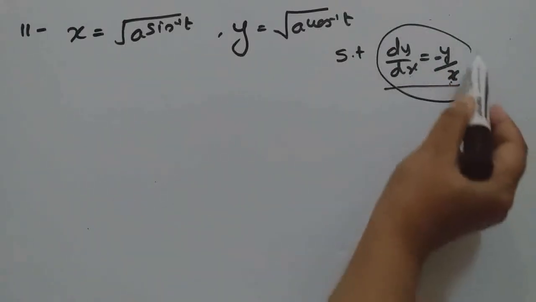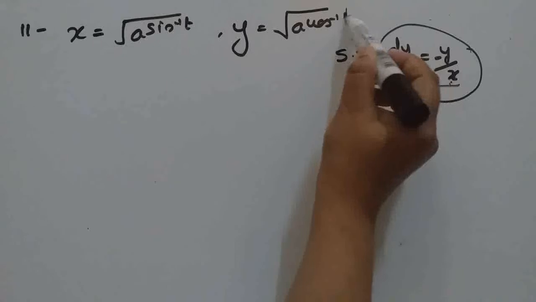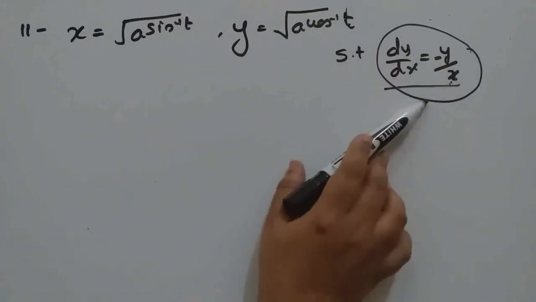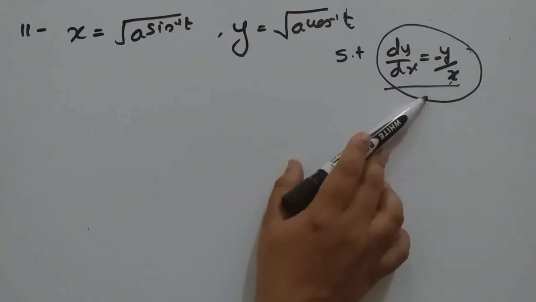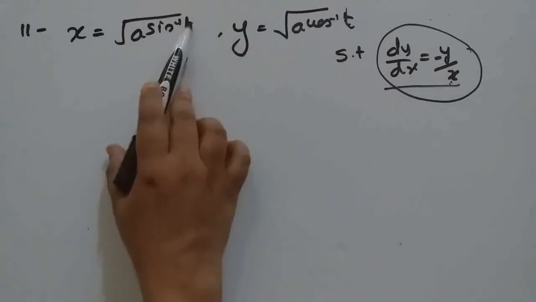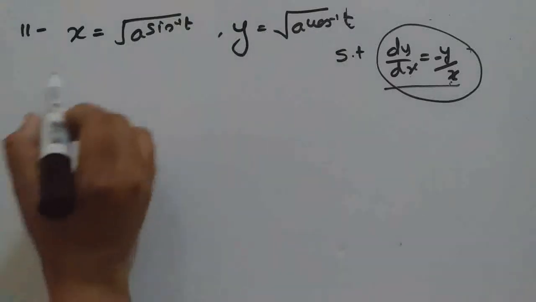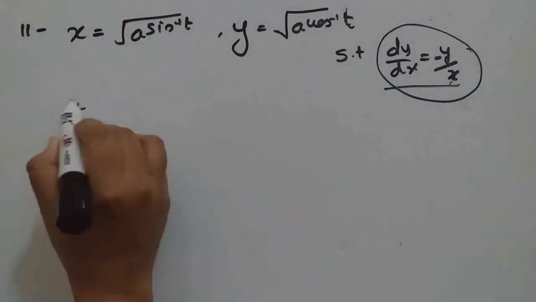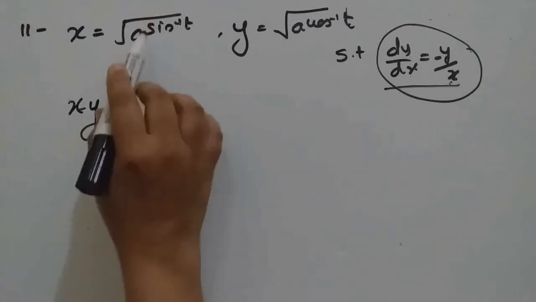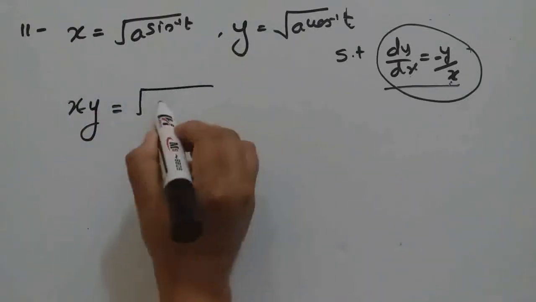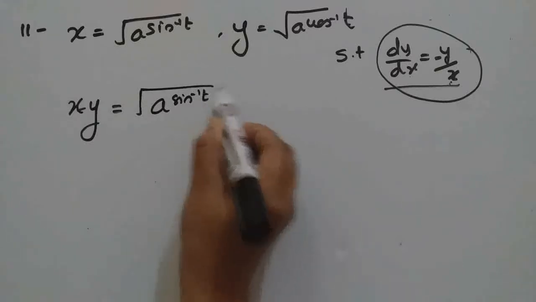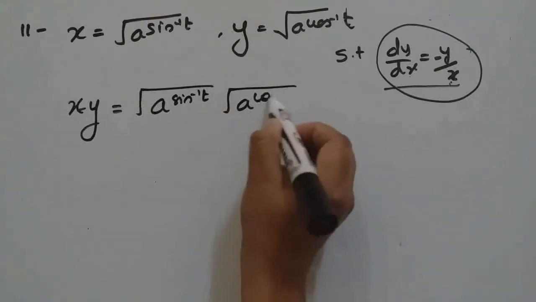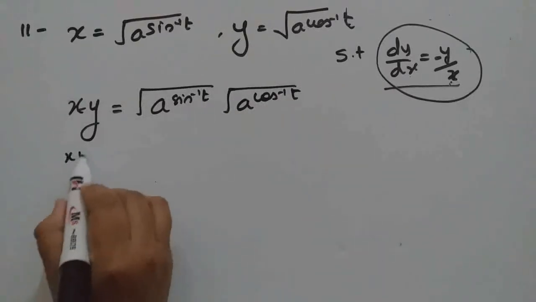Here the t term is not there. See, this third parameter t is not there in this expression, so we can cancel this. How can we cancel? Just check x and y. If you multiply, what will we get on the right-hand side? Root a power sin inverse t, root a power cos inverse t.